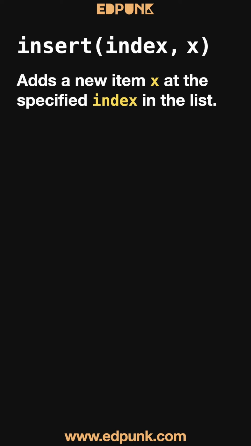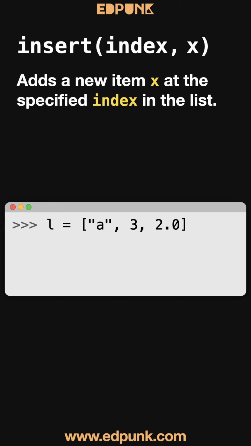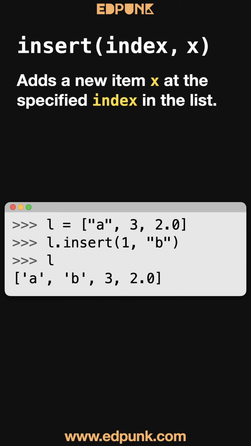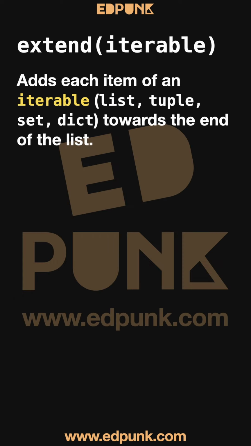For example, let us assign a list containing items string A, int 3 and float 2.0 to a variable L. Now, to add a new item string B at index equal to 1, execute l.insert 1, B. Now, let us check the list. You can see the new item string B is now the second item of the list, which has index value of 1.